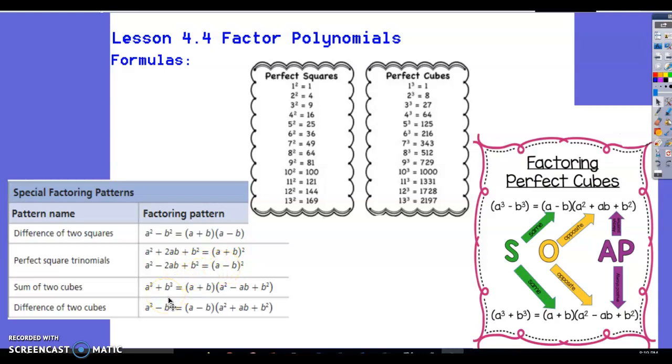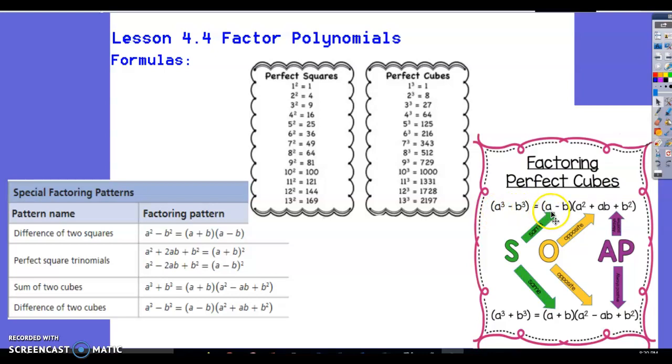And then the sum or difference of cubes, these are new this year. You can see the sum of cubes starts with a plus, difference of cubes starts with a minus. These are basically the same formula, but they have different signs on the front two parts. This can be easily memorized using SOAP: same, opposite, always positive. So you have a number cubed minus another number cubed, a difference of perfect cubes.